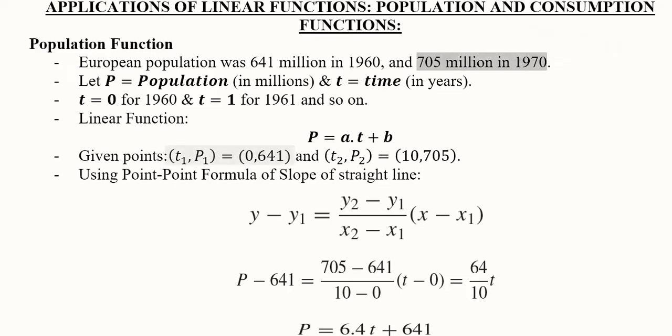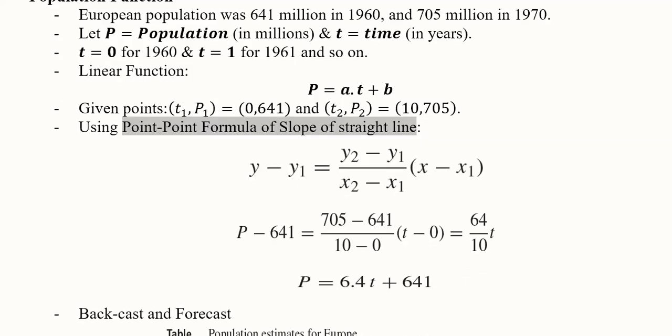So these are 2 points: the first time period and the population at that time; the second time period and the population at that time. When we have 2 points, we can use the point formula of the slope of a straight line.